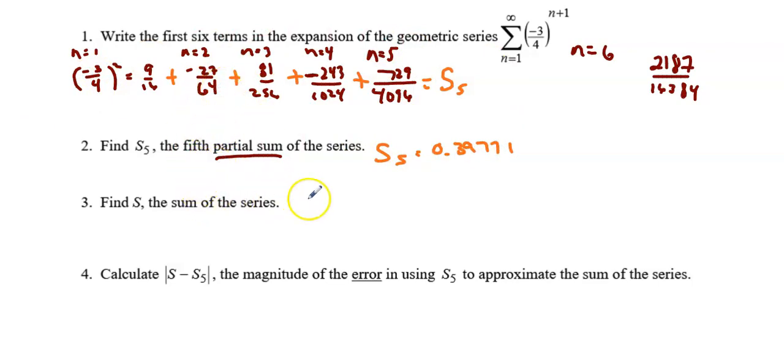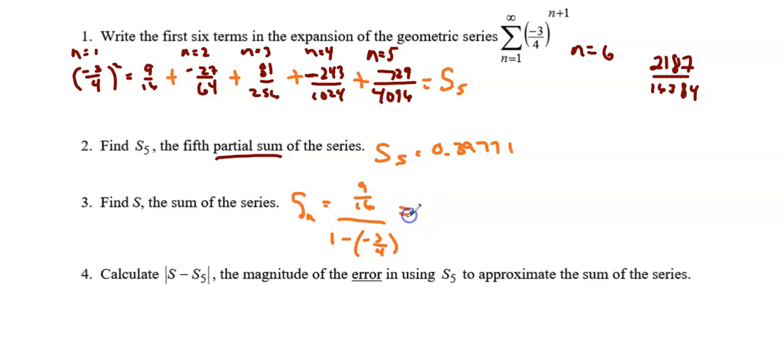And so we want to now find the sum of the series, and we can easily do that, right? So the sum of the series is actually going to be equal to the first term, which we all know is 9 over 16. All right, so this is the equation that we learned for this. And it's going to be 1 minus what our r is. Well, our r in this case is going to be equal to negative 3/4.